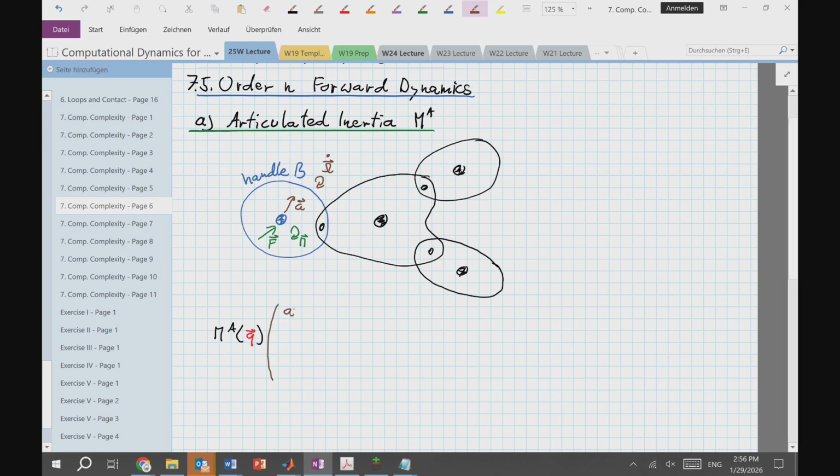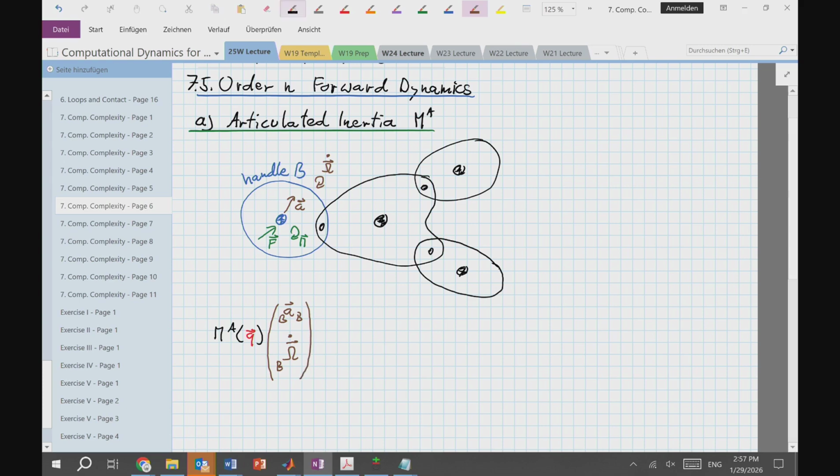And we will multiply it with the accelerations that we apply. So a_B would be the acceleration of the center of gravity of our handle, body B, expressed in B coordinates, and then we have the angular acceleration of body B expressed in body B coordinates.